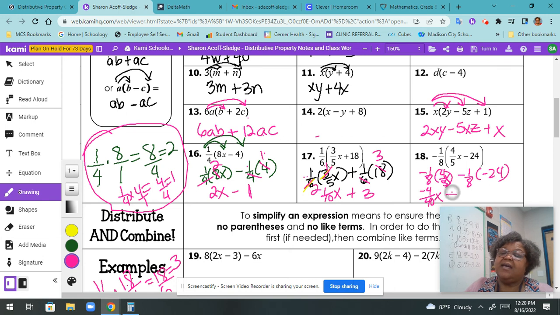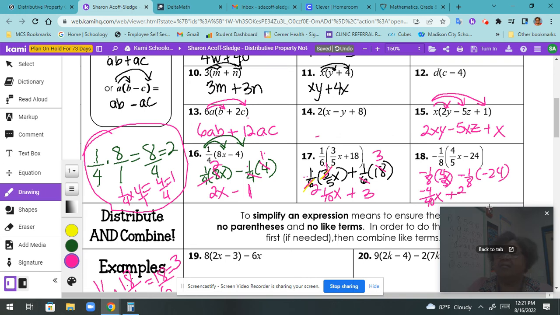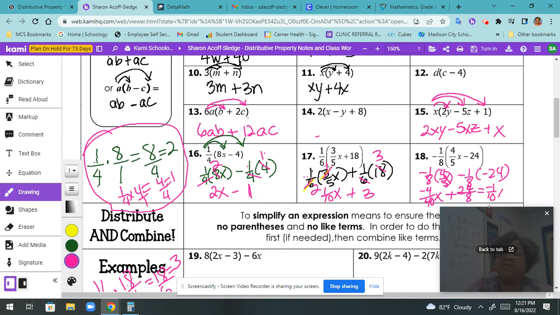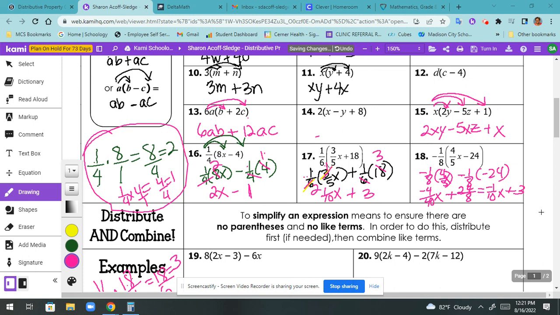And this would give me a positive, because it's negative times negative, 24 over 8. And then this simplifies to negative 1 over 10. And if you put it in your calculator, it should have simplified it for you. 24 divided by 8 is 3. Okay?